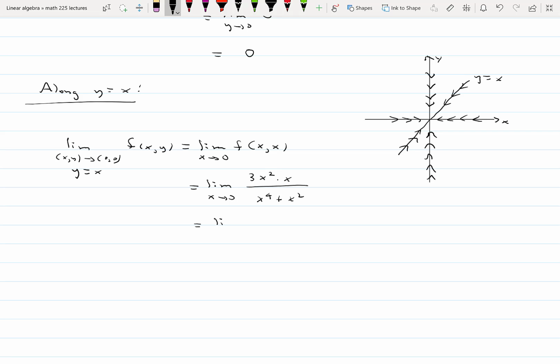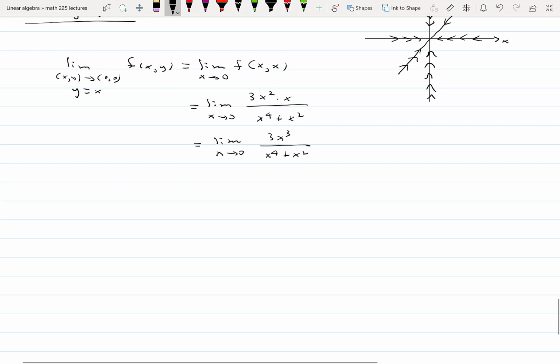So this is the limit as x approaches 0 of 3x cubed over x to the fourth plus x squared. Now I can simplify this rational expression. I can factor out an x squared from the denominator and cancel it with a factor of x squared in the numerator.